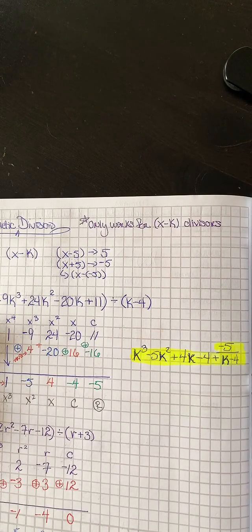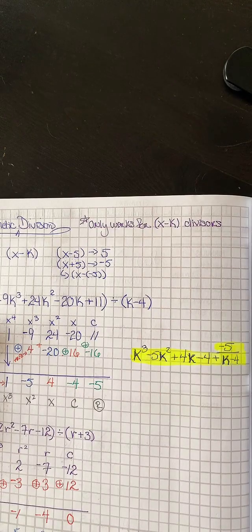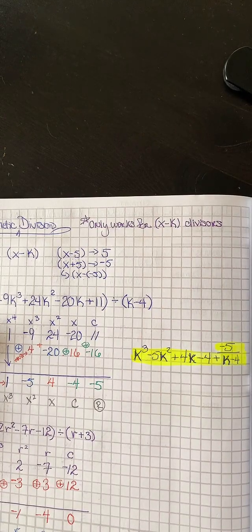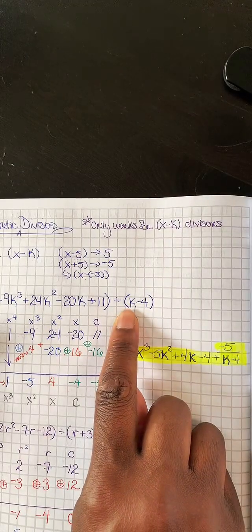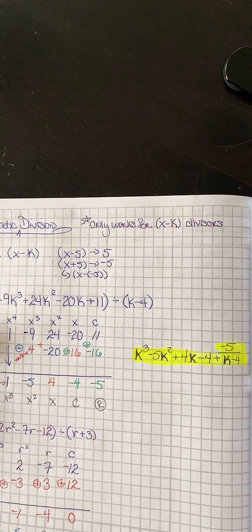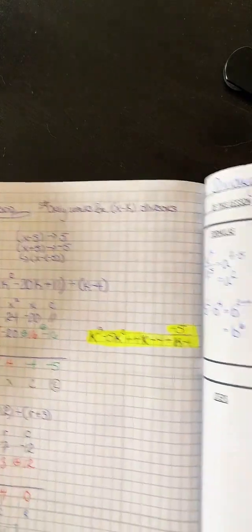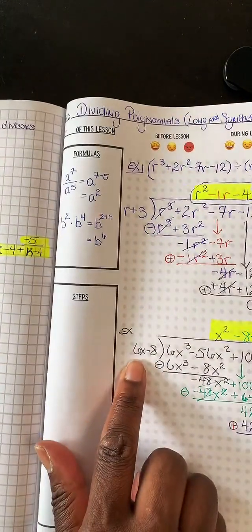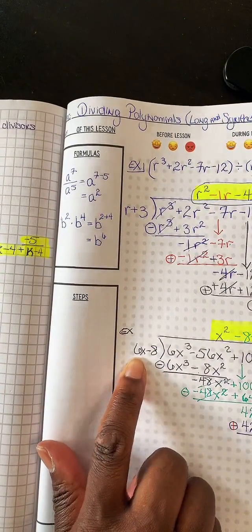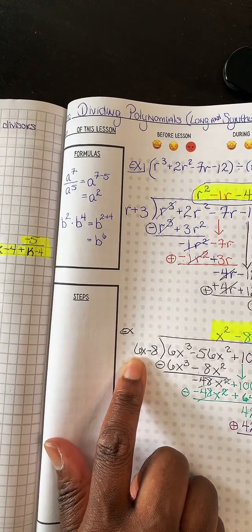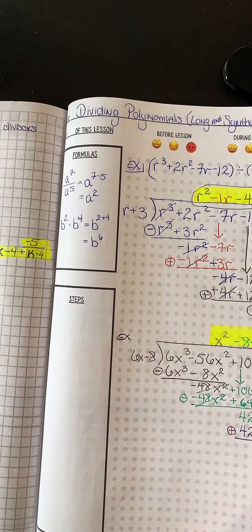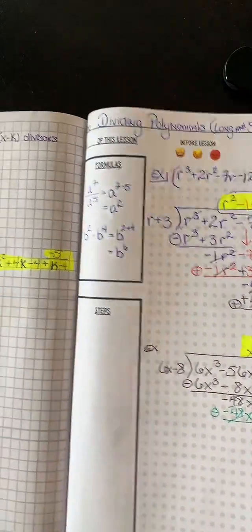So it's nice to have it. And I know a lot of people said, just do synthetic division. Yes, if you do not have a coefficient in front of your variable in the divisor, yes, definitely. But in this example here, we had a coefficient in front of the x in the divisor. So you can do long division, or you can do our next one.